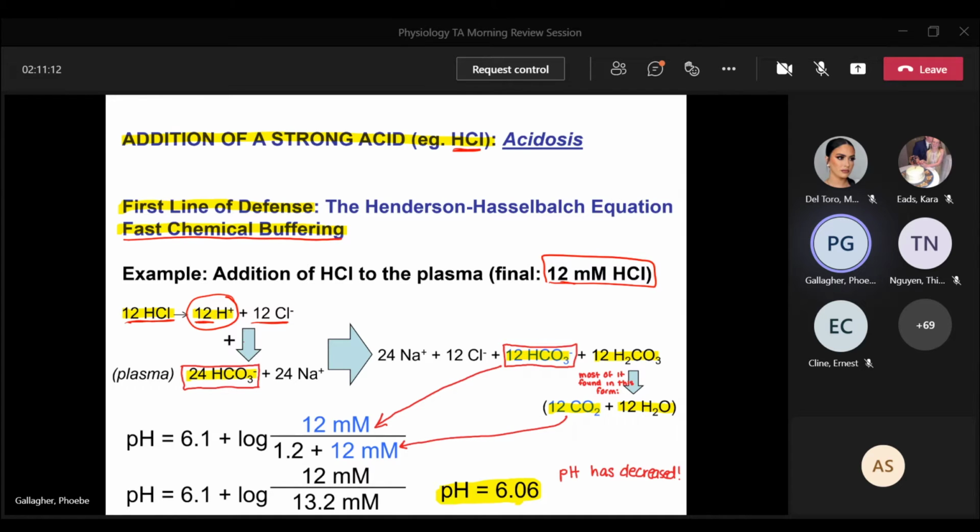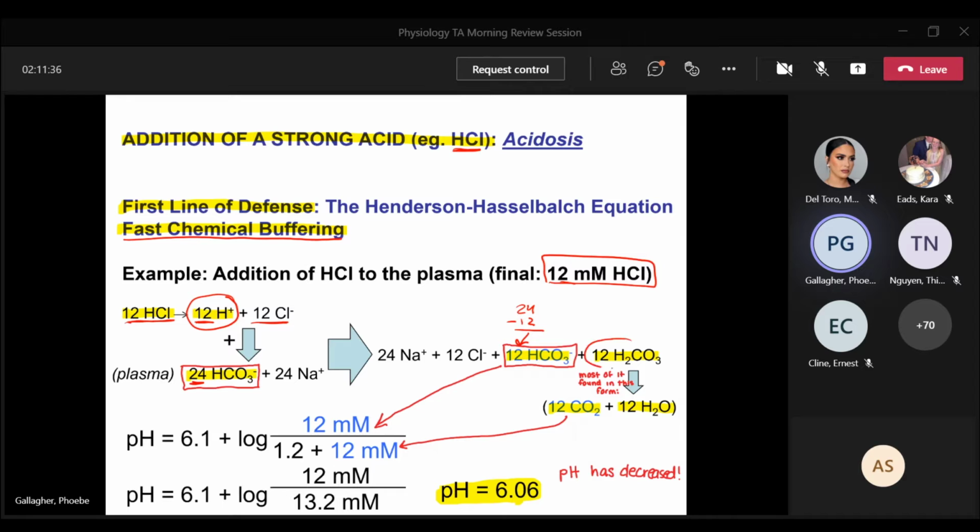Those protons are going to get picked up by your bicarbonate. Remember, in our body, we have 24 millimoles of bicarbonate in our plasma. So it's going to combine with 12 of those, and we wind up having 12 millimoles of bicarbonate left because 24 minus 12 equals 12.